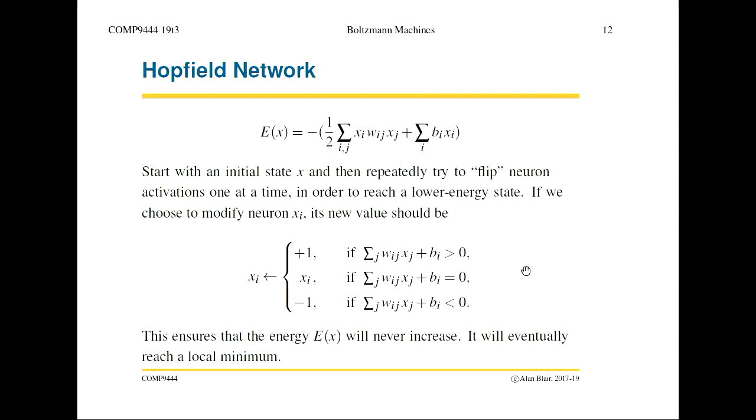The number of configurations is very large but finite. Eventually the algorithm must reach a point where, if any one pixel were to change, the energy would increase, right? So that will be a local minimum.